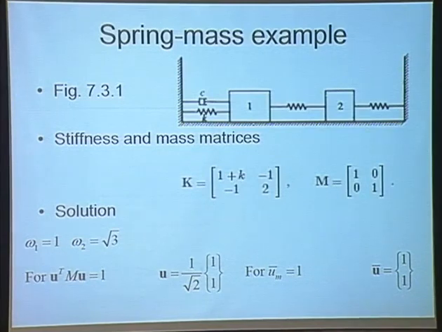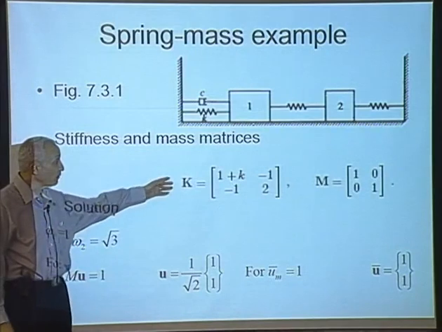Could anybody tell me what we expect that to be before solving the problem? What do we know about the derivative of the frequencies with respect to k? Increases with increasing k. Okay, we expect that the system becomes stiffer and we will get higher frequencies. Let's see if that is borne out.